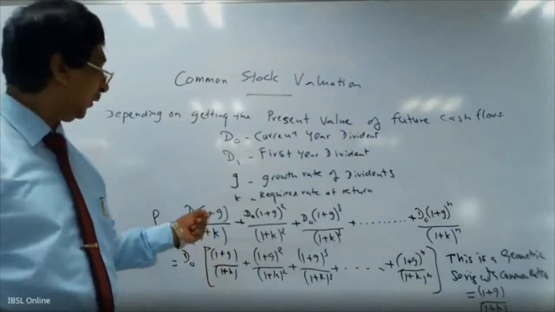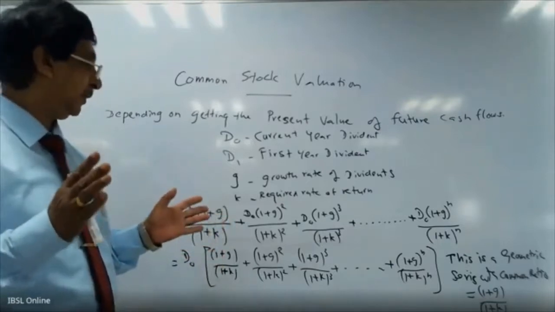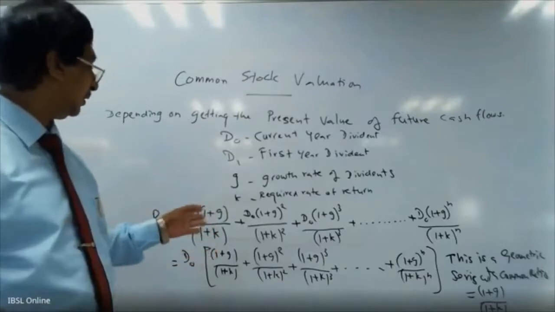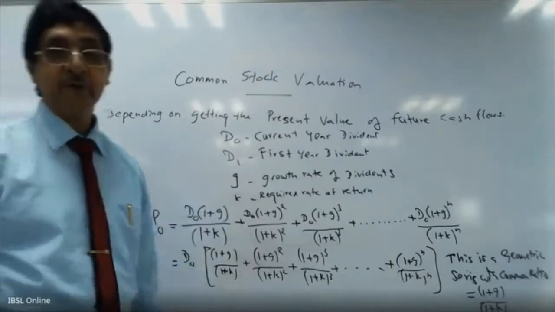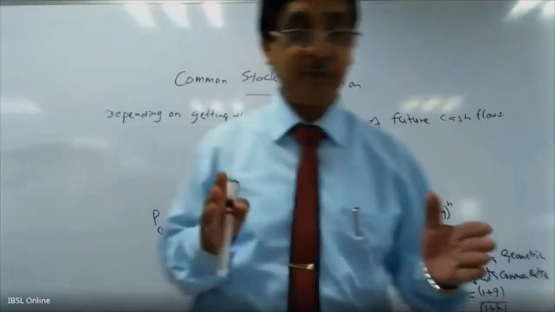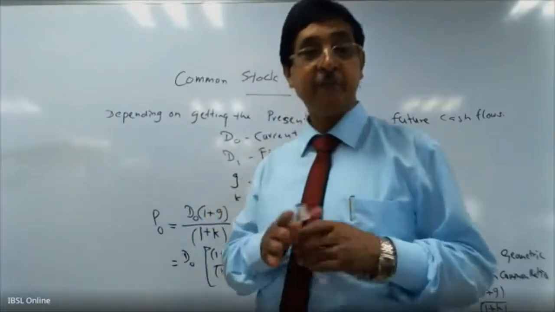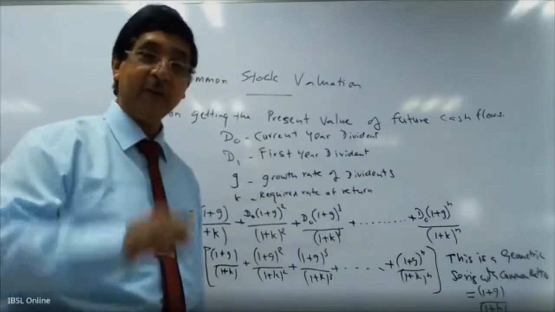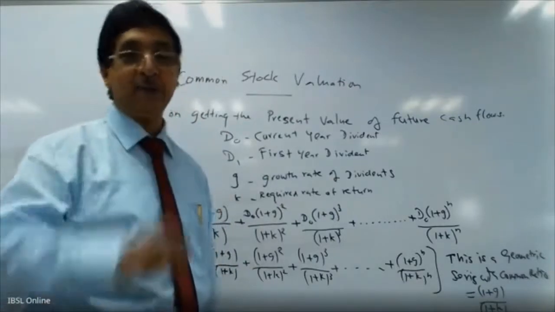Now, in order to have a possible dividend growth, we have taken dividend growth as g. It has to be lower than the internal rate of return or the required rate of return.